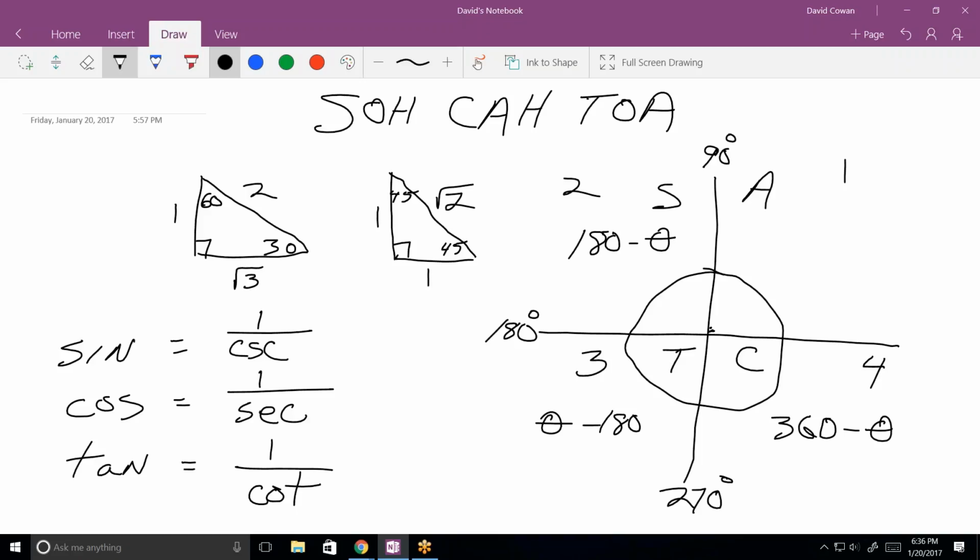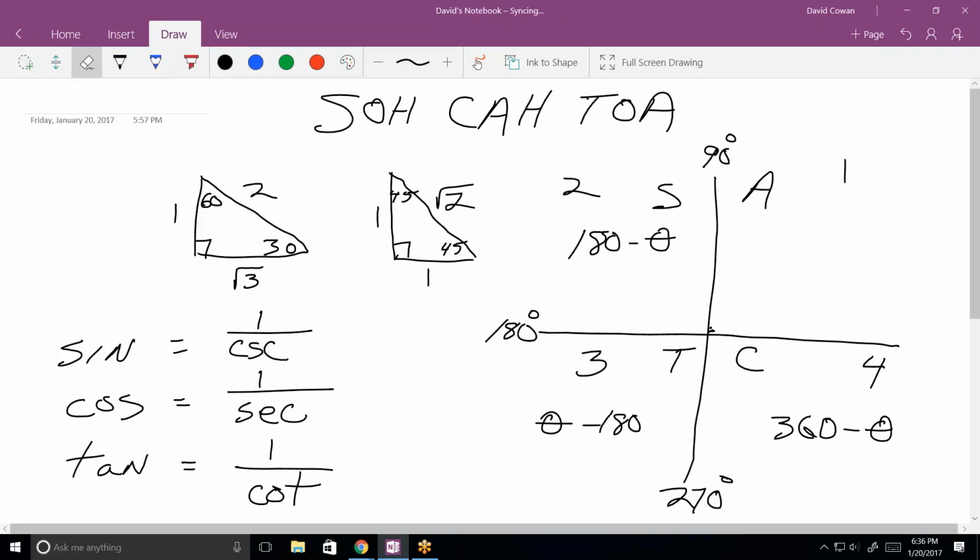In the third quadrant, only tangent is positive, and of course its reciprocal. If tangent's positive, cotangent has to be positive. Reciprocals always have the same plus or minus sign as their reciprocal. And the C means that only cosine and its reciprocal are positive in the fourth quadrant.